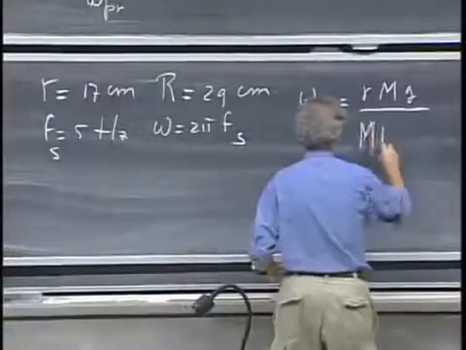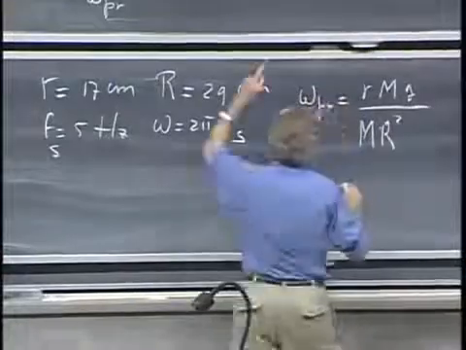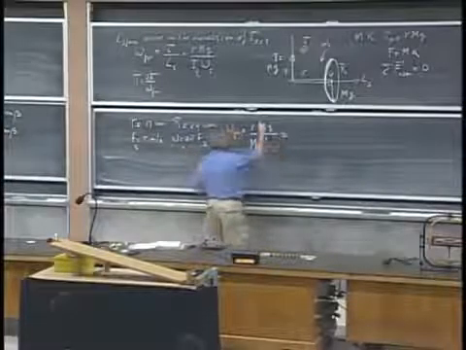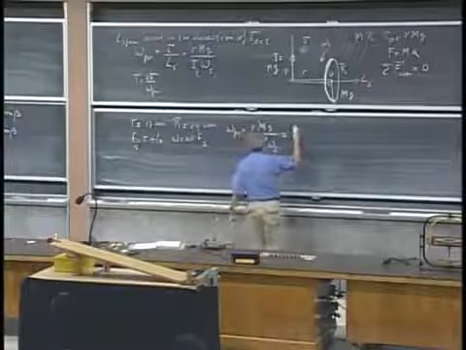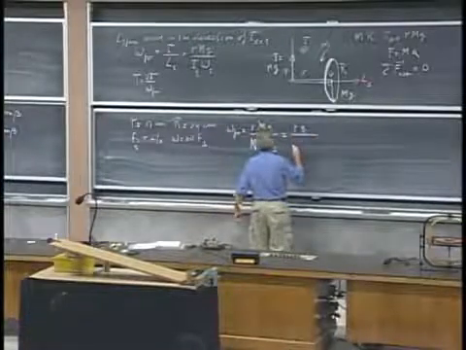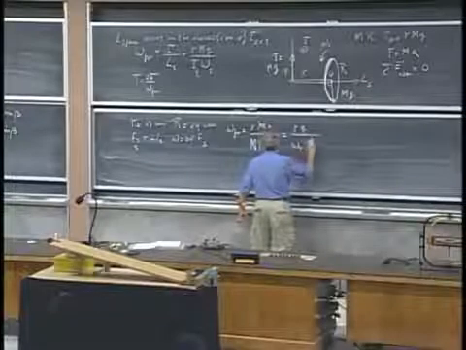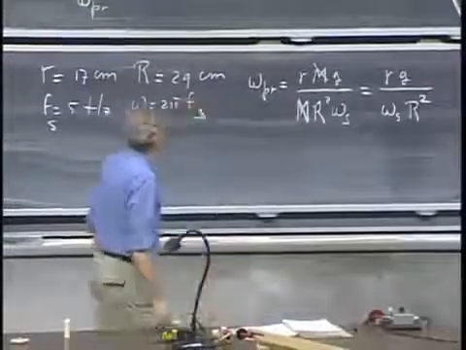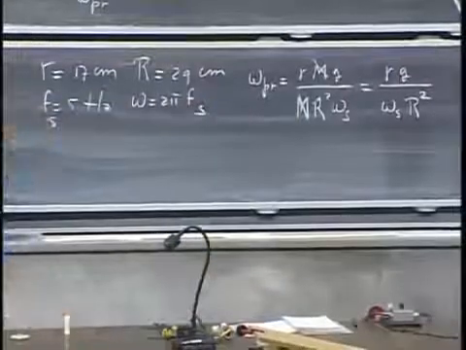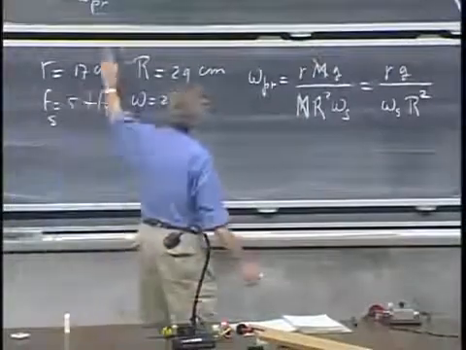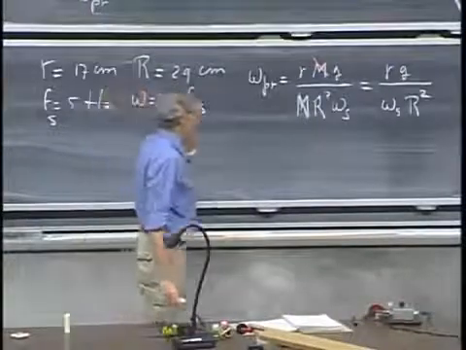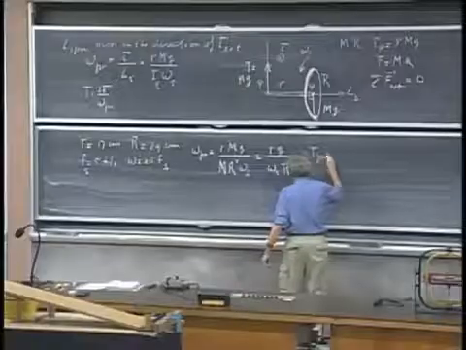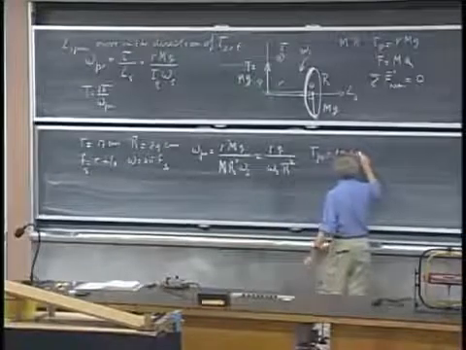It's an approximation, so we get mr squared. We lose the m, and so we get Rg divided by omega s times r squared. That is the angular frequency of the precession, and the period of the precession is 2 pi divided by omega, and you find then for the period of the precession about 10 seconds.